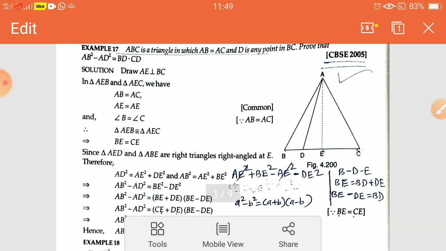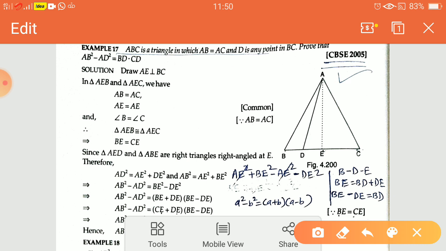ABC is drawn, and in that triangle D is any point on side BC, and if we join AD, we get three triangles, that is ABD, then triangle ADC, and our original triangle, triangle ABC.